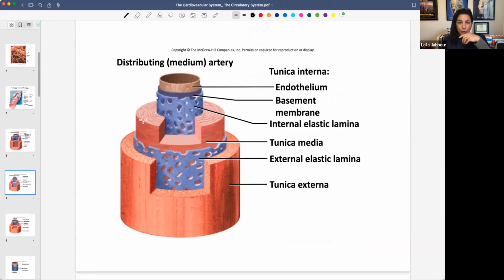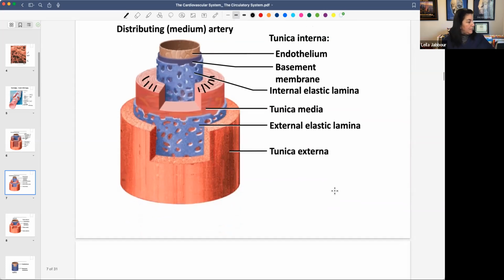You still have your smooth muscle in tunica media, except that you have a couple of extra laminar elastic layers. No, that's what I want to say about medium arteries.